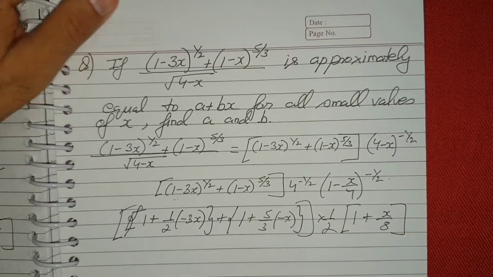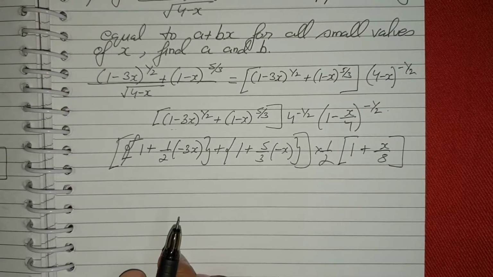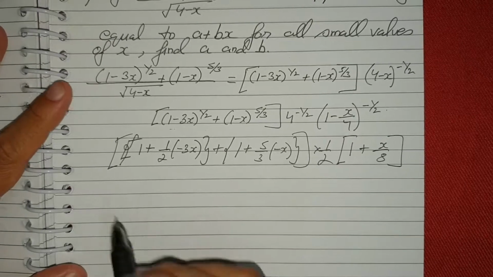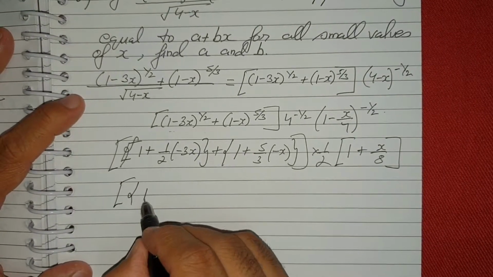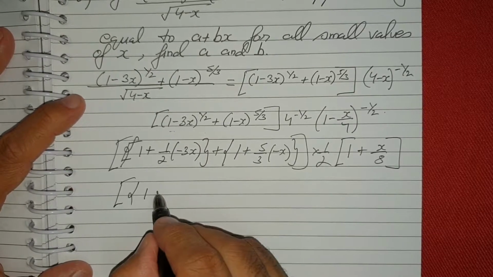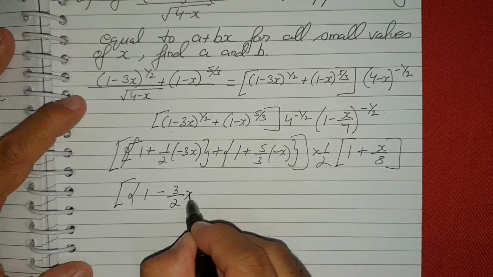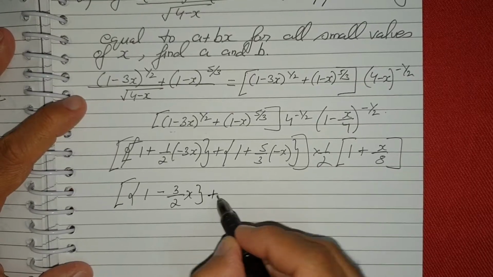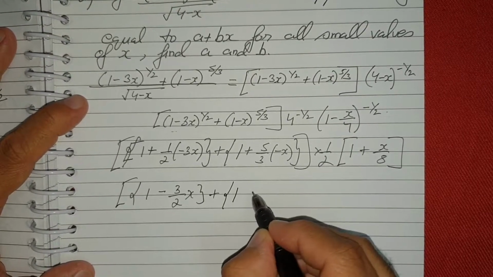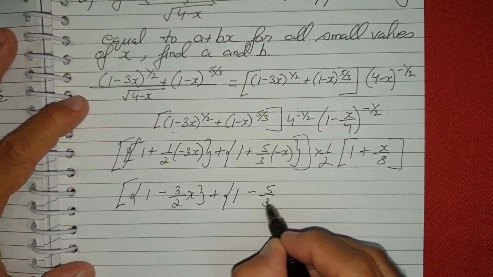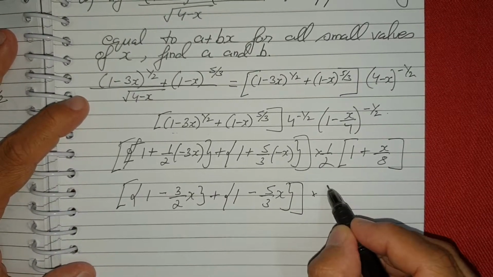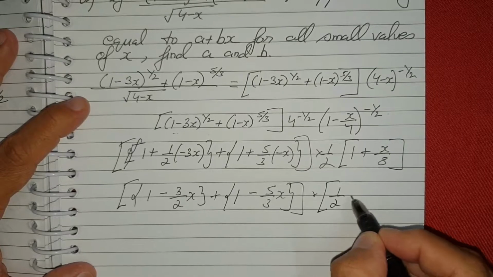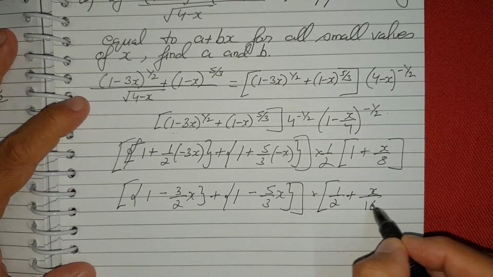Okay, so now this will be in bracket, this is 1 minus 3 by 2x, okay, plus this is 1 minus 5 by 3x, okay, and this will be into this is 1 by 2 plus x by 16.